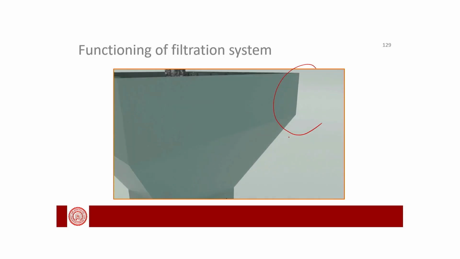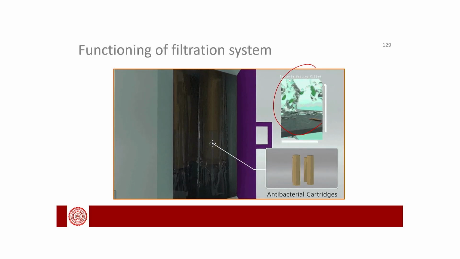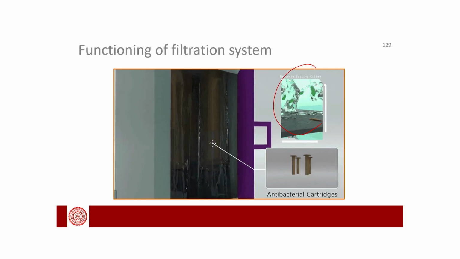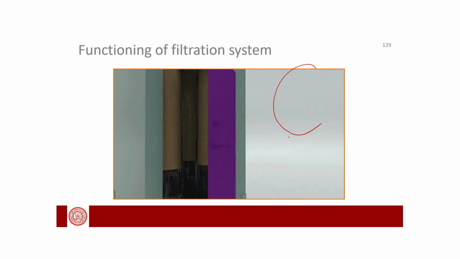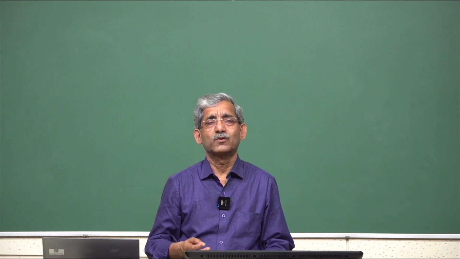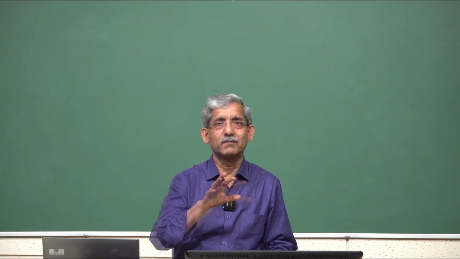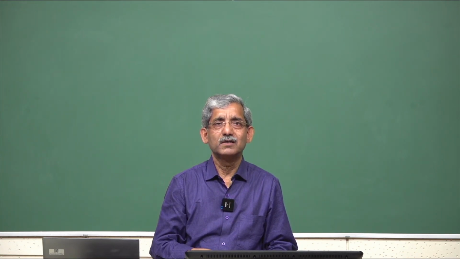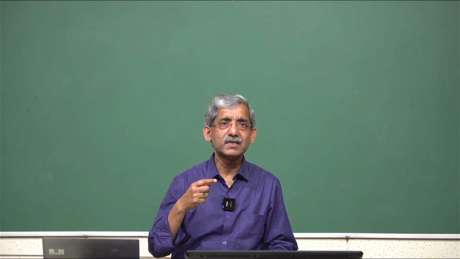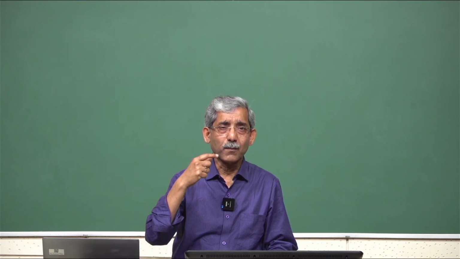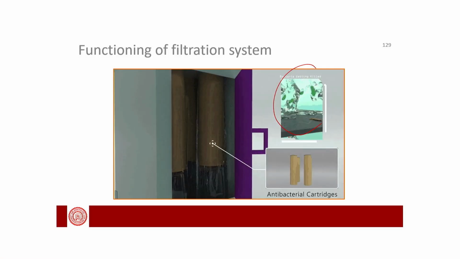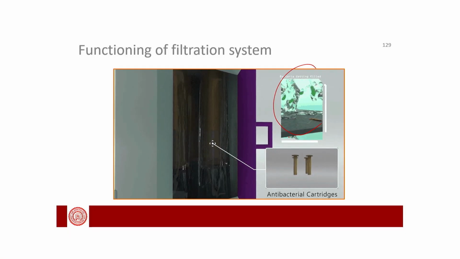Here what we found is that the cost per liter is very cheap. We have made that calculation, and this can be operated by normal people. Anyone can operate it.